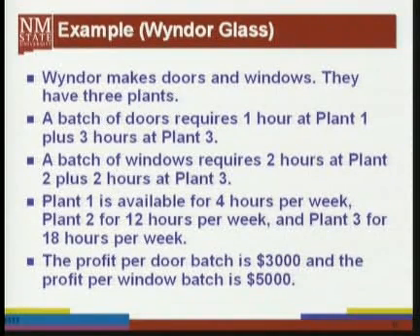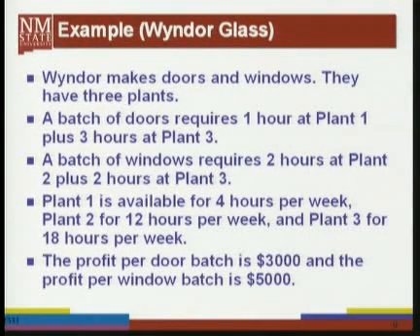Okay, so to illustrate the basic concepts of sensitivity analysis graphically, let's reconsider the window glass example, which has been covered earlier this semester. In this example, window glass makes two different products, doors and windows, in three different plants, you remember?